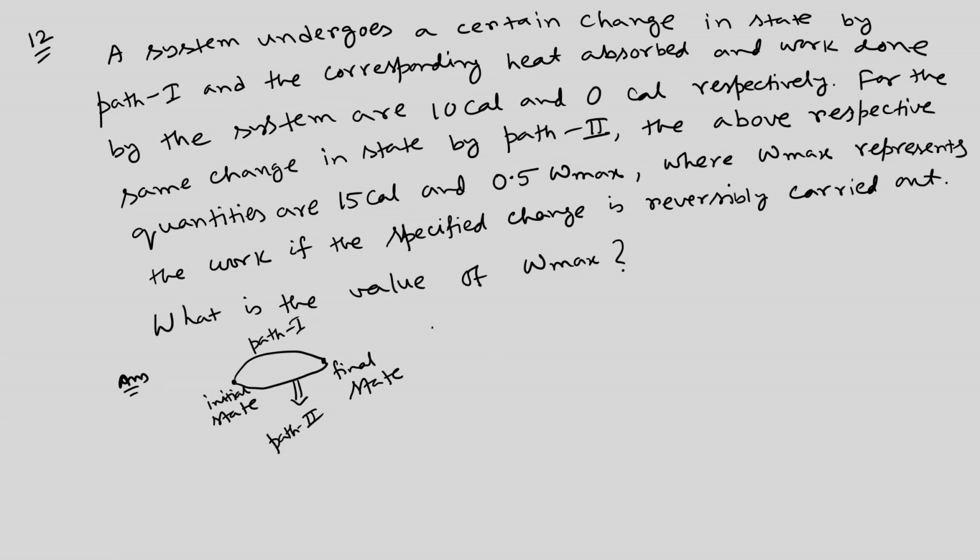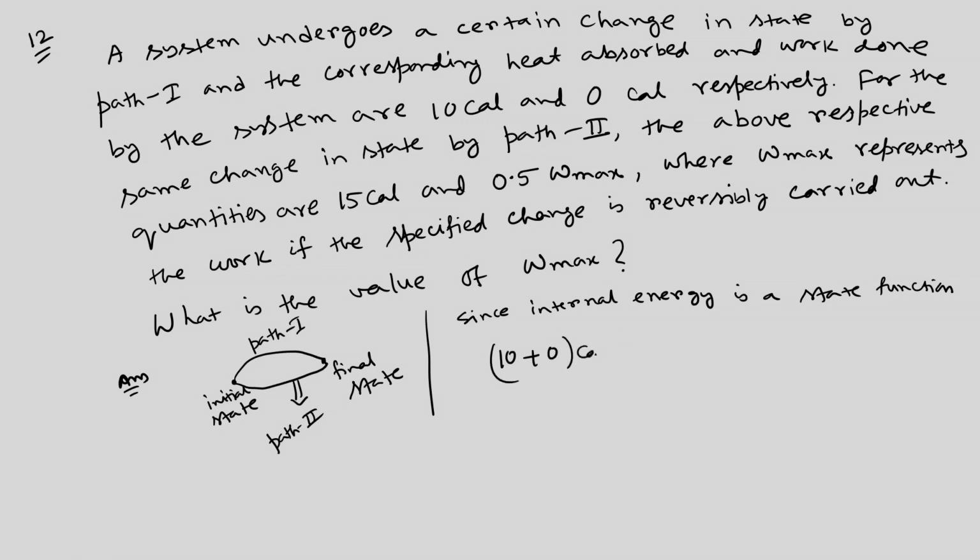Since internal energy is a state function, we can write 10 plus 0 calorie equals 15 calorie plus 0.5 W max.